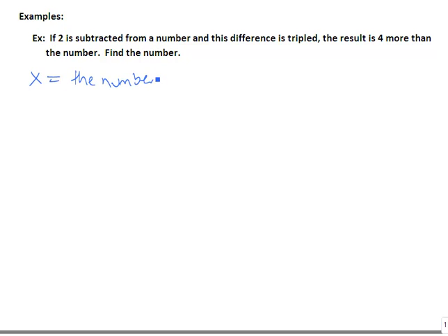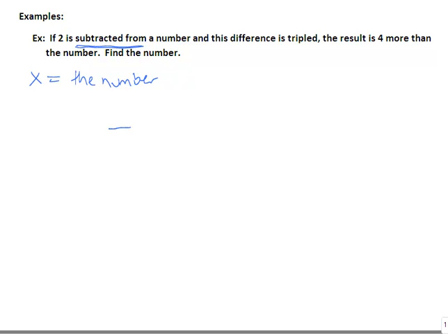Then we want to create an equation involving that x. This is going to be determined by translating, going from left to right, that first sentence. It says if 2 is subtracted from. Right away when you see the phrase subtracted from, you need to remember that it requires you to switch the order around.